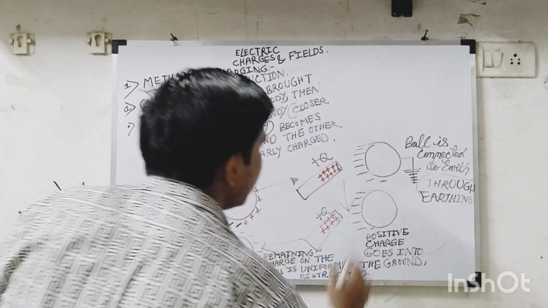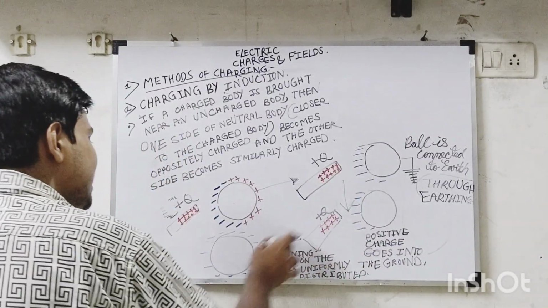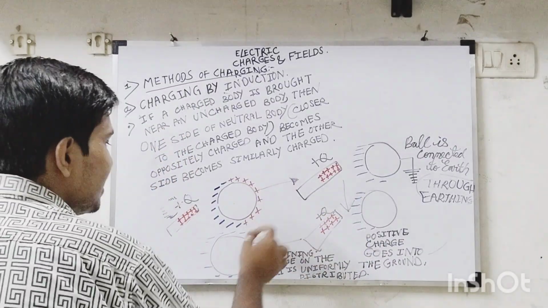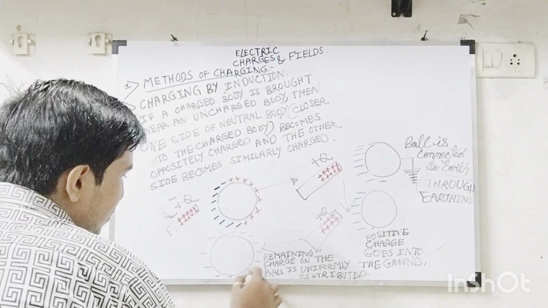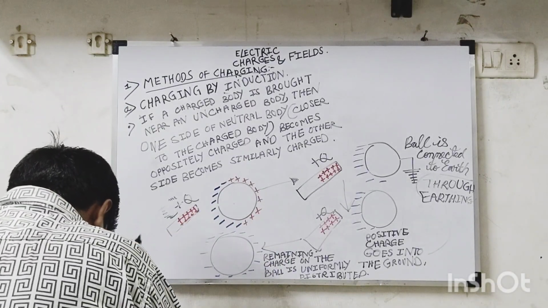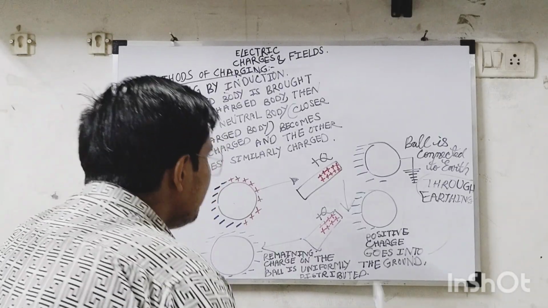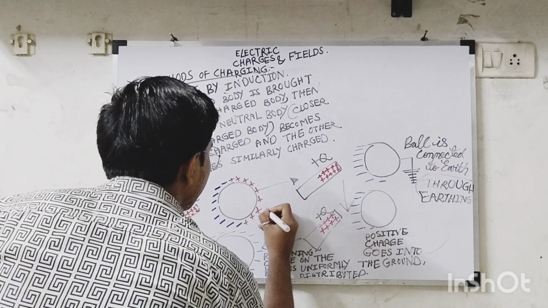So this is our thing. It is connected to the earth, and the positive charge goes into the ground and stays there. After it is removed, we will see that the negative charge is spread all throughout the conducting sphere. Simple as that. What is happening over here?